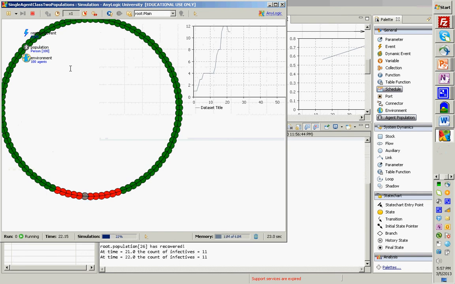So here we have it progressing along. I can speed it up here, and we can see it moving out, but it hasn't nearly infected the population even by the end of the infection.